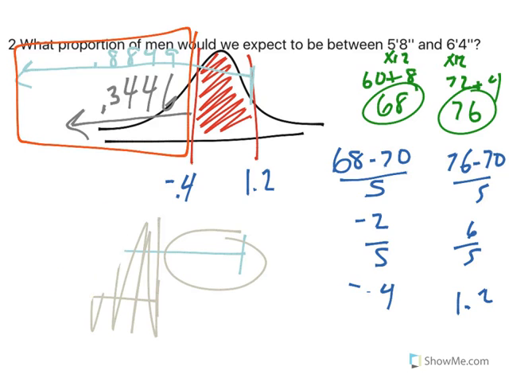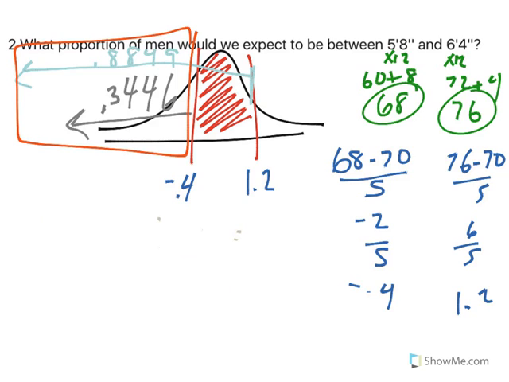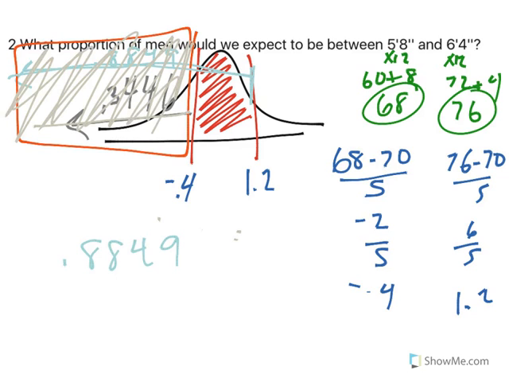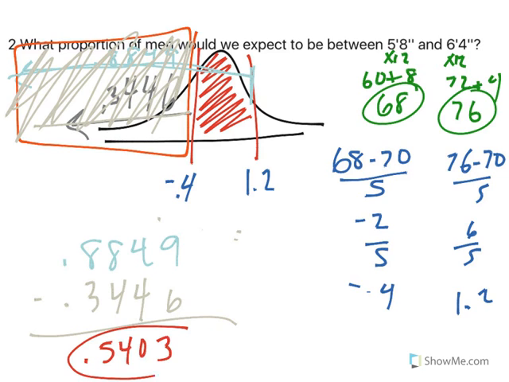So we want to take the big number, 0.8849, and subtract this part of it, which we know is 0.3446. When I subtract those, I am left with the area in between, which is 0.5403. So the proportion of men between 5'8" and 6'4" is roughly 54% of men.